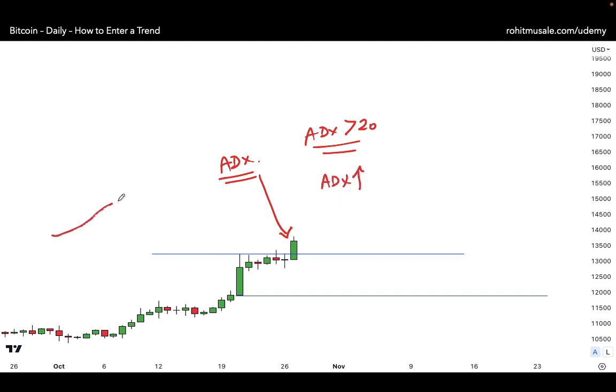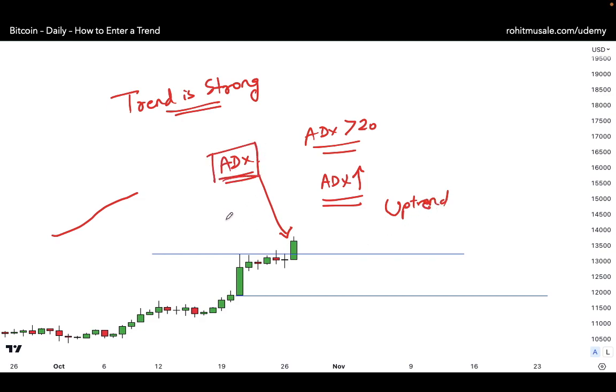ADX is simply a line, okay, appears at the bottom of the chart, a highly sophisticated indicator. So a rising ADX represents that the trend is strong. It could be any trend, downtrend or uptrend, but if the ADX is rising at this candle, it means the uptrend is strong. Okay, so that way you can take confirmation if you want to look at Western indicators.